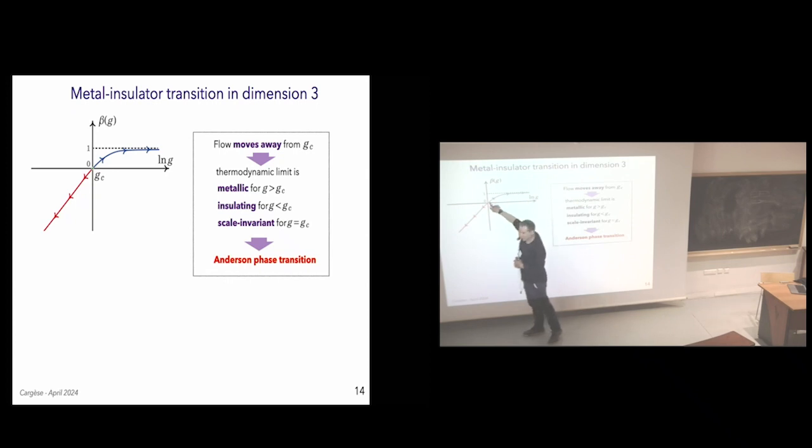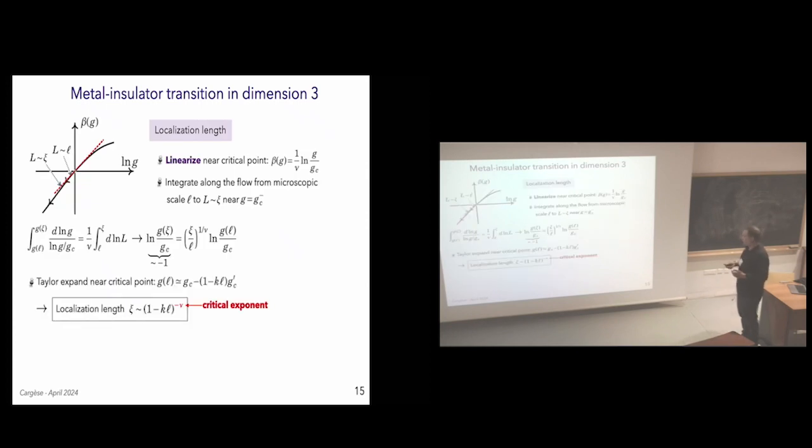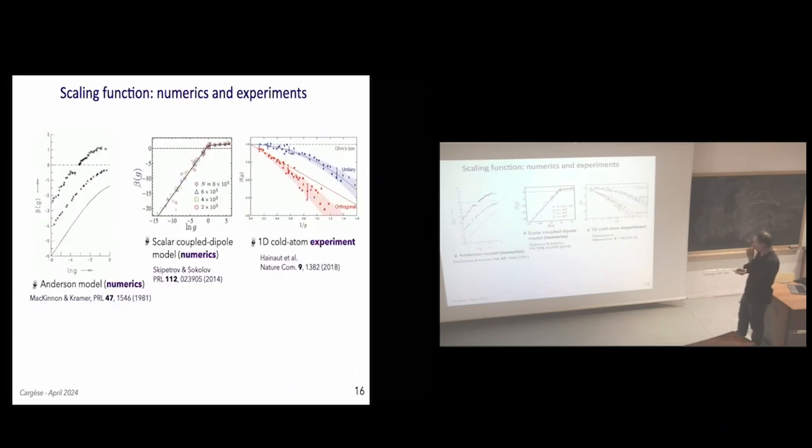Here you have the microscopic scales, and here you have the large scales. As soon as you are here, if you increase the system size, you flow away. That's the meaning of repulsive points. It's a terminology taken from the renormalization group. It's an observation which is useful for the reasoning, but in practice for experiments, it's not.